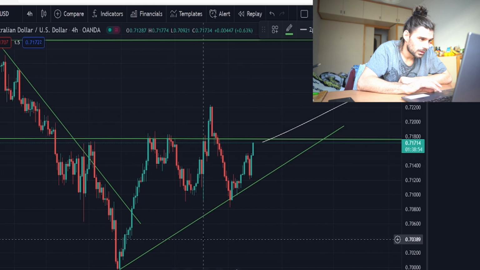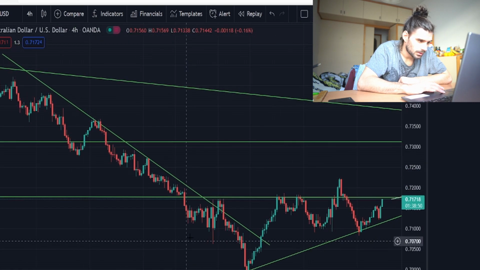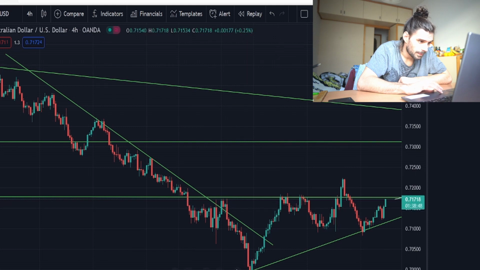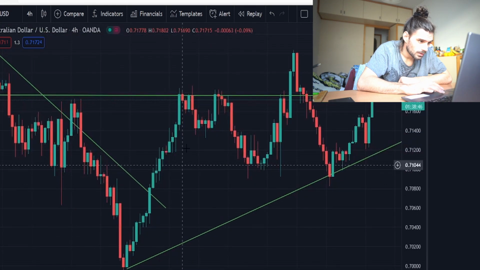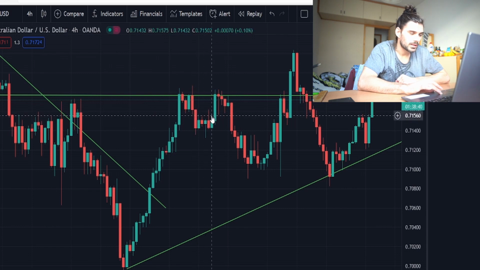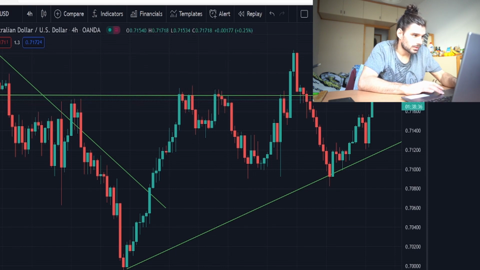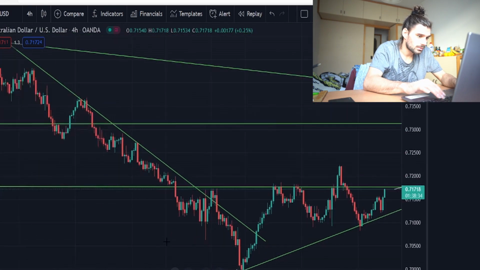So my trade initially was December 10th. So here at this area. So if we add some indicators real quick.